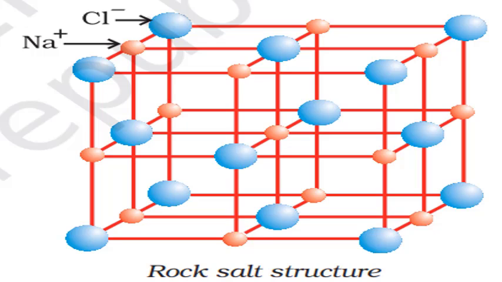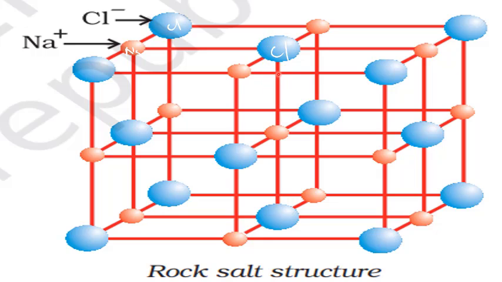Now let us observe this diagram. This is sodium and this is chloride. This chloride ion is attracted by 4 sodium ions from 4 sides, and below this plane one more sodium ion, above this plane one more sodium ion.